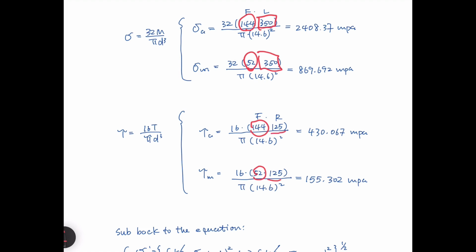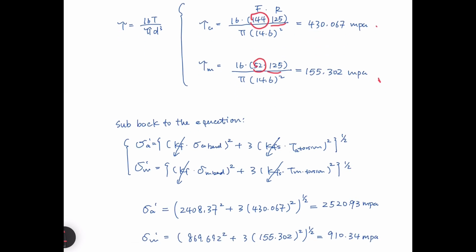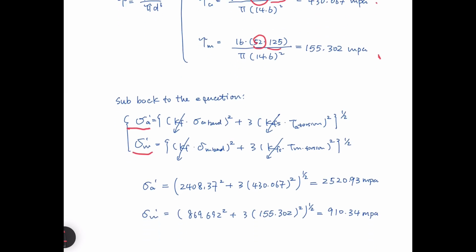And then we find the four values here, and then we sub in these four values back into the equation, and then find the stress A prime and stress M prime. We find stress A prime equals 2,520 megapascal, and the stress M prime equals 910.34 megapascal.